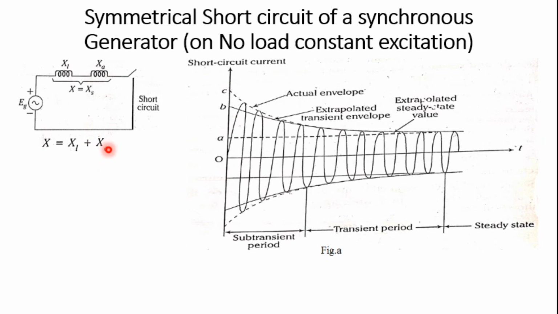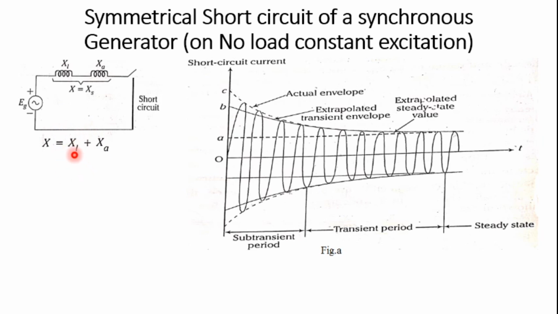The reactance due to the flux set up by the armature winding but which does not cross the air gap is called the leakage reactance.